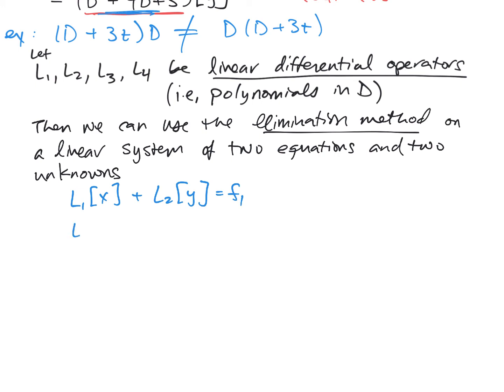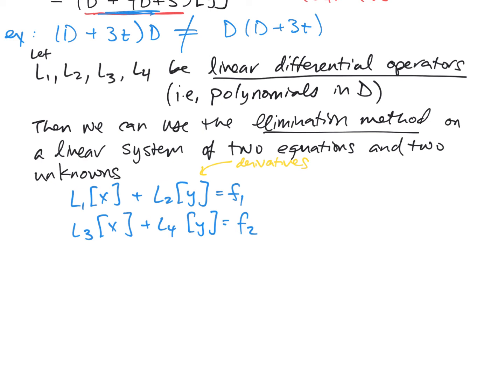And our second equation looks like L3 x plus L4 y equals f2. So remember, these L's have derivatives, maybe multiple derivatives in them. It's like a polynomial of derivatives.